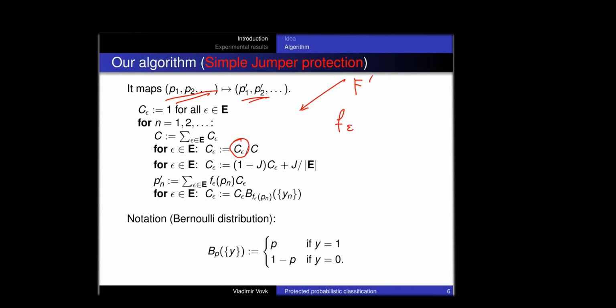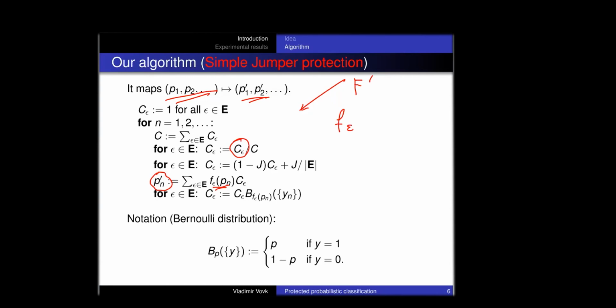We get P1 prime, P2 prime, and so on. As you can see, Pn prime in this algorithm is computed as the weighted average of the improved predictions. But you don't know how to improve your prediction, which f epsilon to use. So you take the predictions recommended by each of the f epsilon, and you average those.